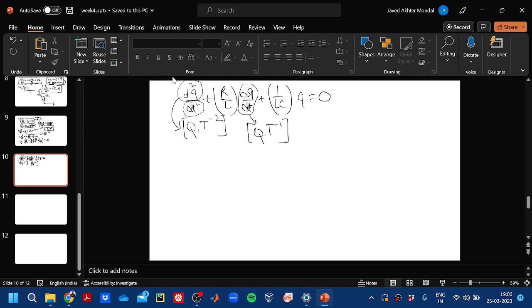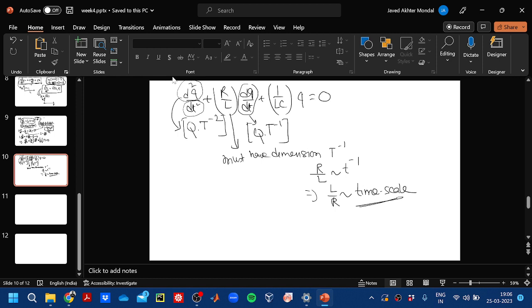So from dimensional analysis we can say that this R by L must have dimension t inverse. That means R by L corresponds to inverse time, or this L by R is a time scale of the system. This is one time scale.